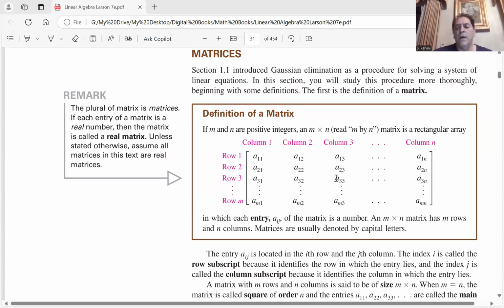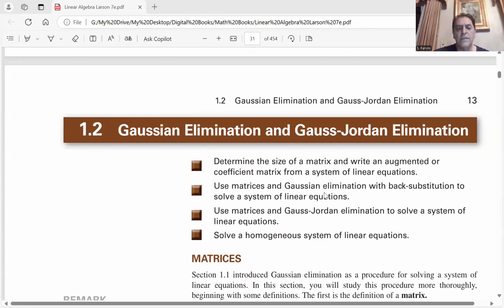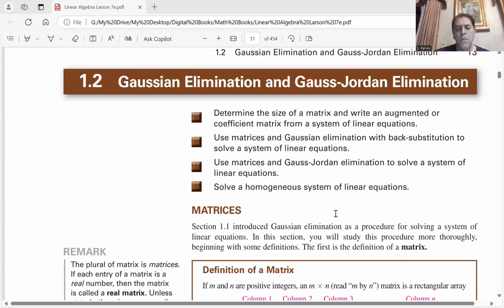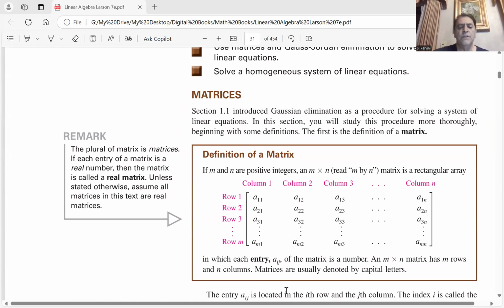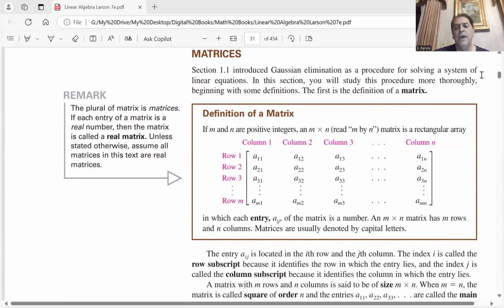So let me go over this again. Last week, we talked about Gaussian elimination and Gauss-Jordan elimination. I'll explain the difference between them in a moment. First of all, we defined a matrix to be a rectangular array of numbers made up of rows and columns. The rows are labeled from top to bottom: row 1, row 2, and so forth.